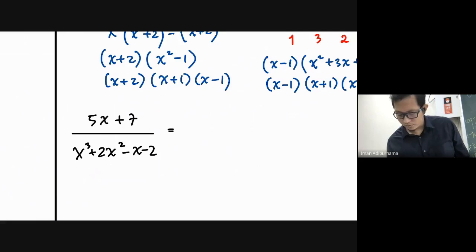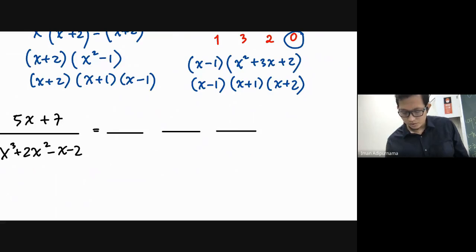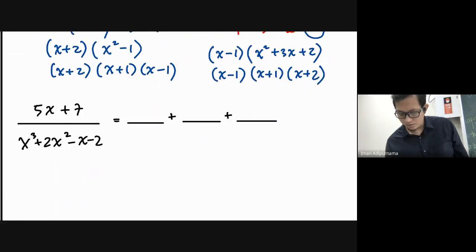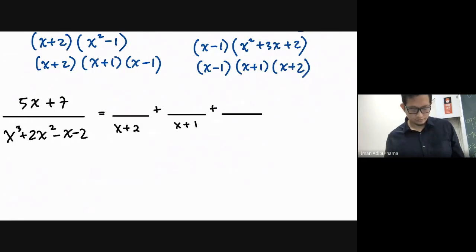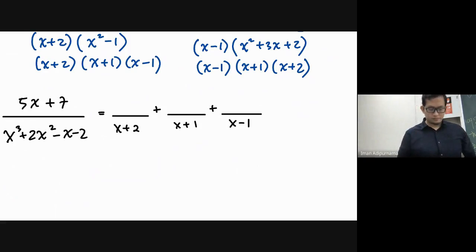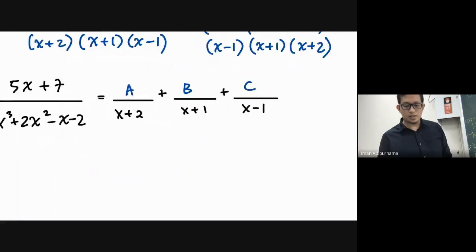So the first one, we have three distinct factors, and then we can write A, B, and C. And what is happening next? We need to find the A, B, C.